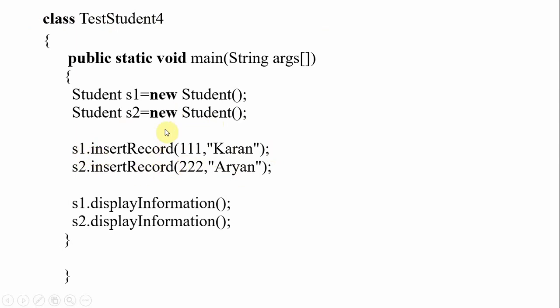We have not executed it till now. It is treated as a reference variable only. Whenever we run the program, then s1 can be treated as an object. So how can we say whether it is a reference variable or an object? Until runtime, s1 and s2 are treated as reference variables only. Once we run the program, those can be treated as objects.